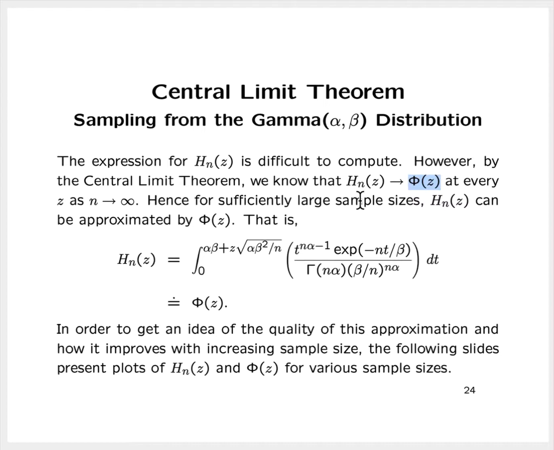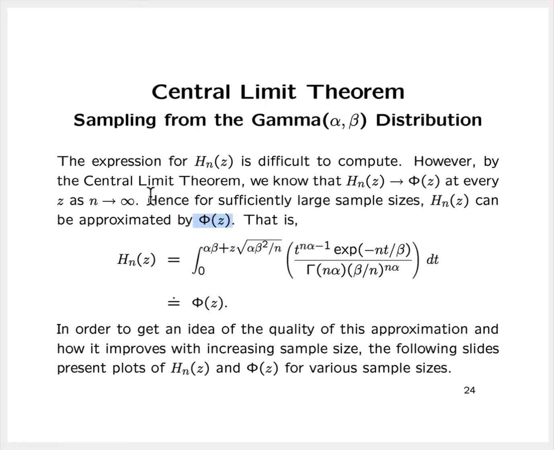Because we use CDFs to get probabilities, for sufficiently large samples the CDF of Z sub n can be approximated by the standard normal CDF, and we could therefore use it to obtain approximate probabilities involving the random variable Z sub n.